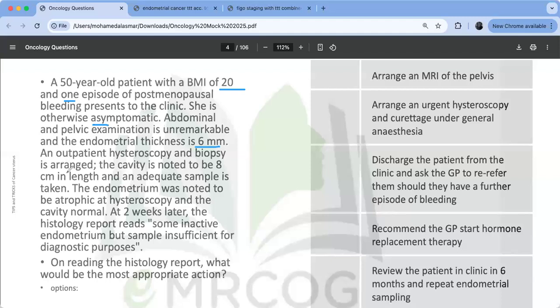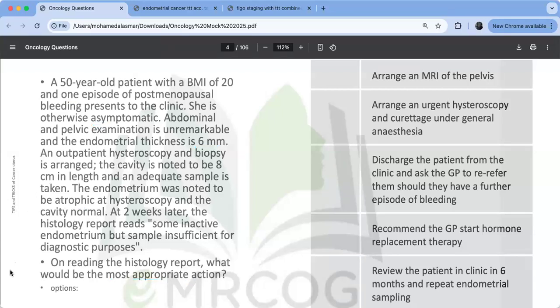Outpatient hysteroscopy and biopsy is arranged. The cavity is noted to be 8 in length, and an adequate sample is taken. Endometrium was noted to be atrophic at the hysteroscopy, and the cavity is normal. Two weeks later, the histology report reads some inactive endometrium, but sample insufficient for diagnostic purpose. On reading the histology report, what would be the most appropriate action?